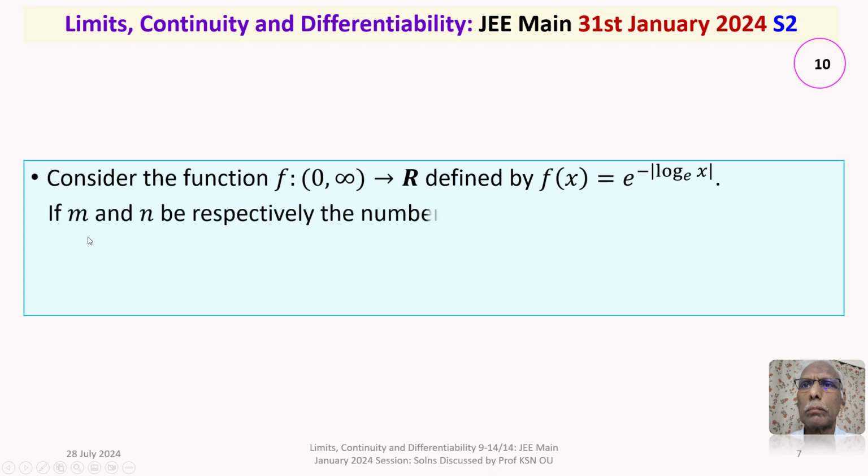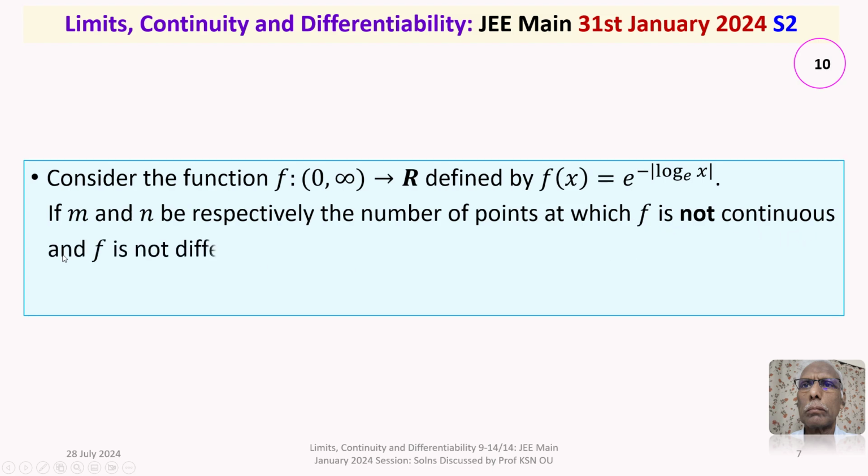If m and n are respectively the number of points at which f is not continuous and f is not differentiable, then m plus n is.